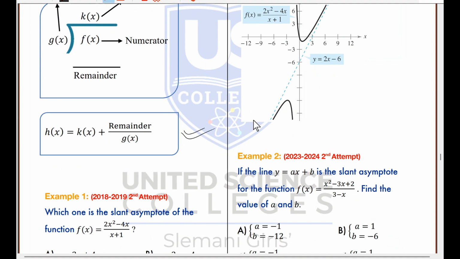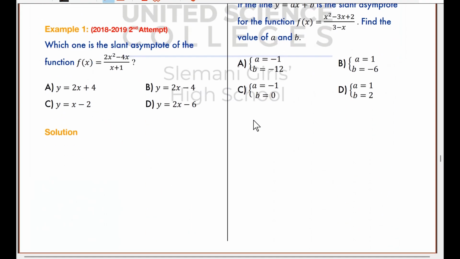So let's solve questions. First question, a mystery question. Which one is the slant asymptote of this function? The first way of solving this question is using long division. Write the numerator as the dividend, 2x squared minus 4x, and the denominator as the divisor, and divide. Remember how to divide: take the leading term first, divided by the leading term of the divisor.